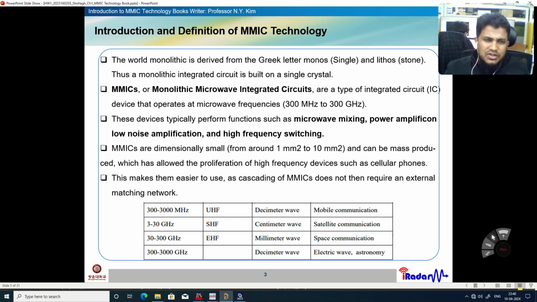A monolithic circuit, or MMIC, is a type of integrated circuit that operates at microwave frequency. We know microwave frequency is about 300 megahertz to 300 gigahertz.